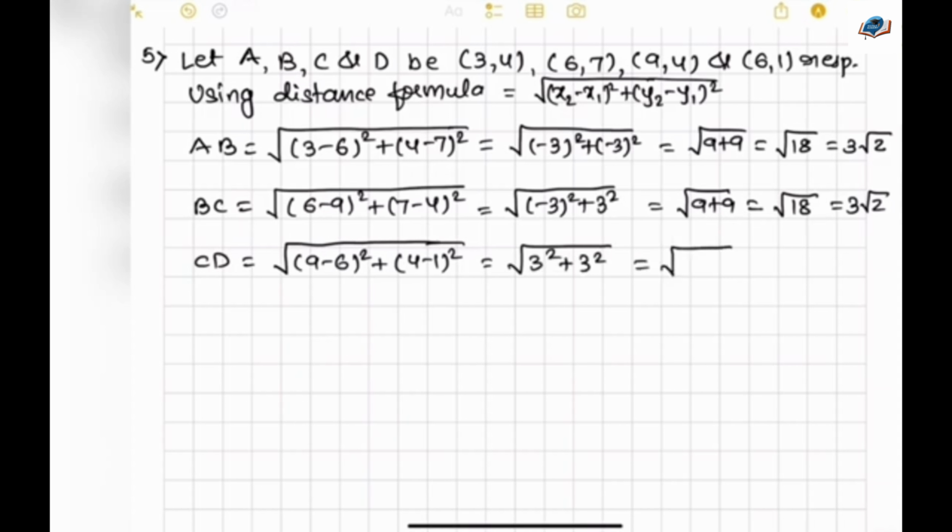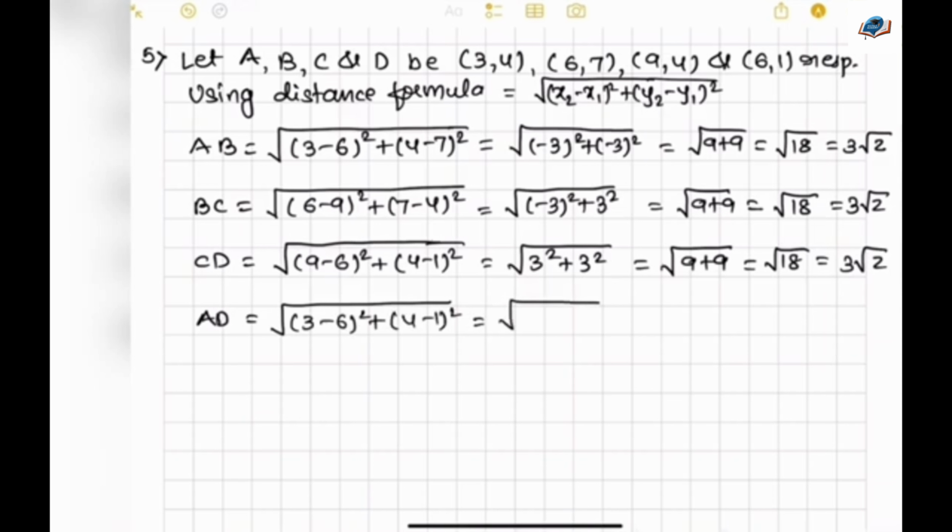So that will be 3 square plus 3 square. So this also will be 9 plus 9, so root 18, so 3 root 2. Now AD, 3 minus 6 whole square plus 4 minus 1 whole square. So this will be minus 3 whole square plus 3 whole square. So that also will be 9 plus 9, so root 18. That will be 3 root 2.